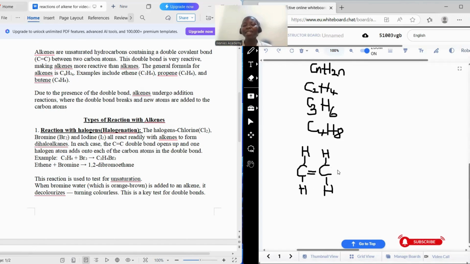So ethene reacts with bromine, Br2. Remember we said alkenes undergo addition reactions. So the double bond between the carbon atoms breaks open, giving a single bond. Don't forget to draw the hydrogen atoms.